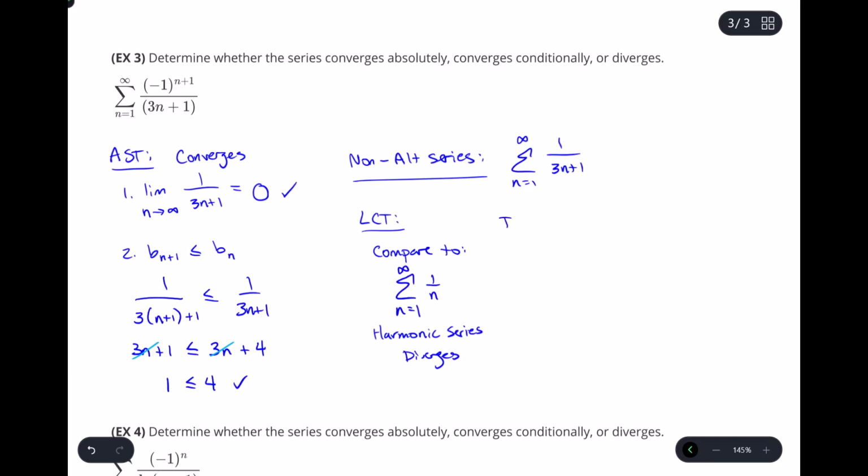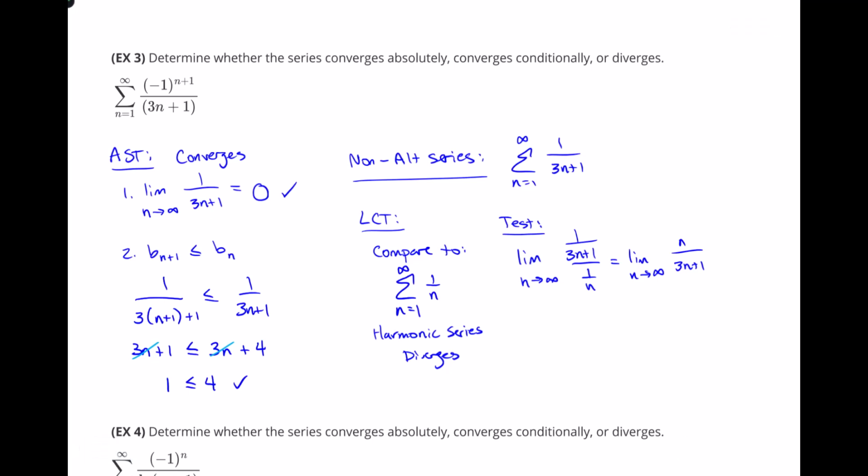All right, so the test here would require us to take the limit as n goes to infinity of each of these two divided. So that's the limit as n goes to infinity of n over 3n plus 1, and just using rules of infinite limits with rational functions, that's going to go to 1/3.